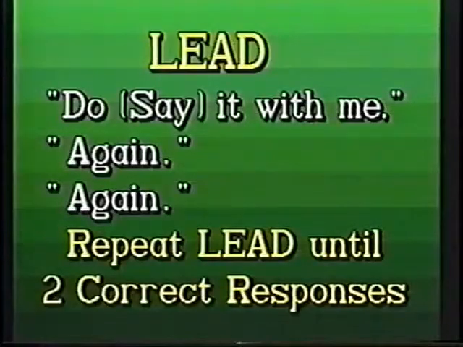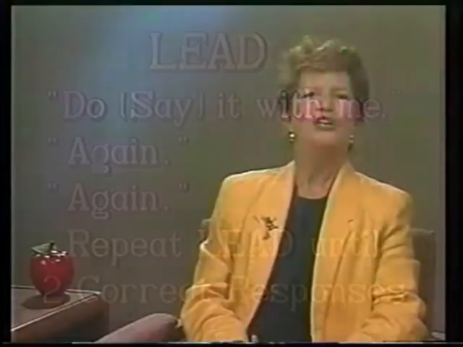Next, you lead. You repeat the step responding with the children. You say, do it with me, or say it with me. Write that. You keep responding with the children even though they may not be producing the correct response. If they make errors while you're leading, you don't interrupt your rhythm by modeling again.